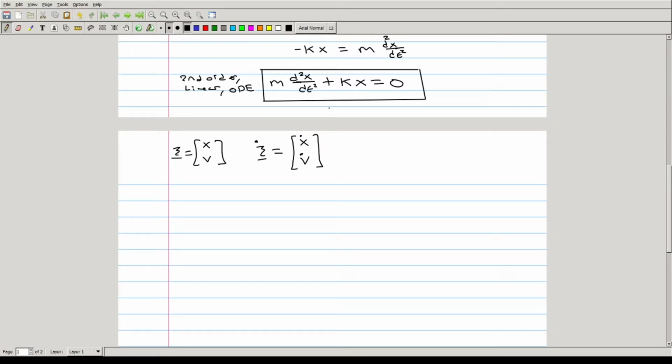Then x dot is equal to v by definition, and v dot is equal to negative k over m x, which is just a vector function of all the variables in xi.